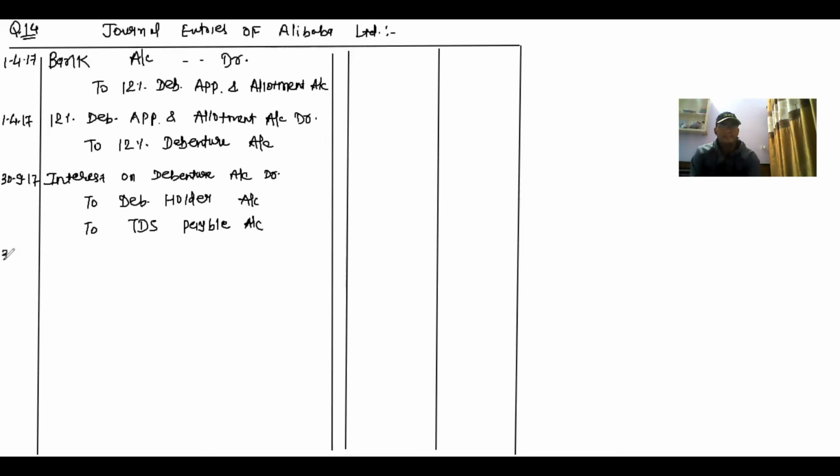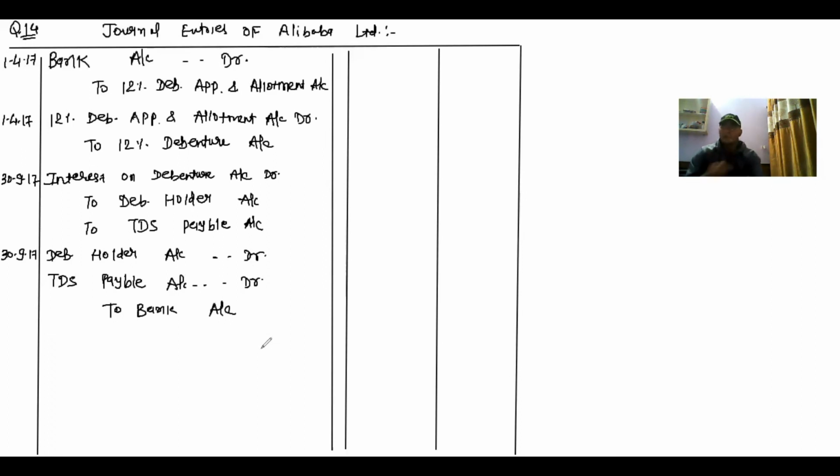And second, on the same date, 30th September, debenture holder account debit, TDS payable account debit to bank account. This journal entry is on 30th September for the half year.